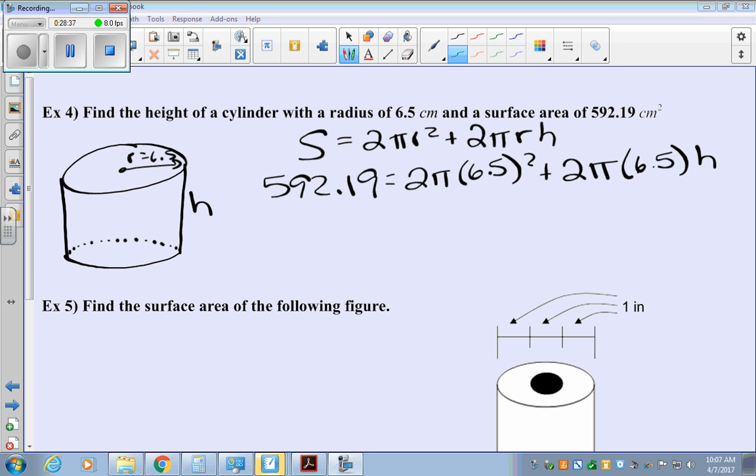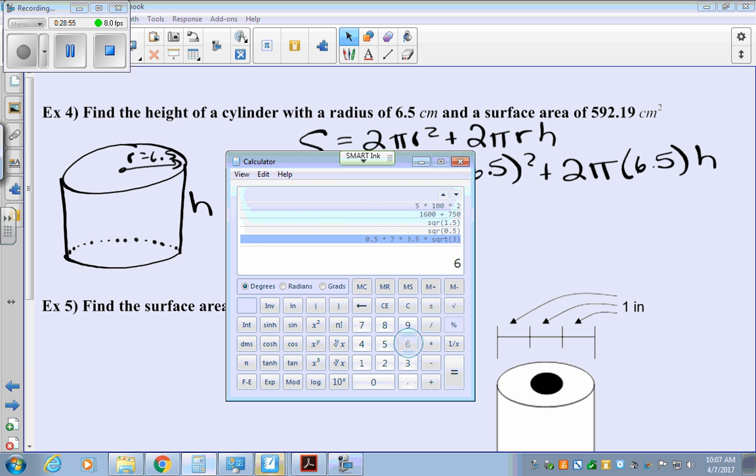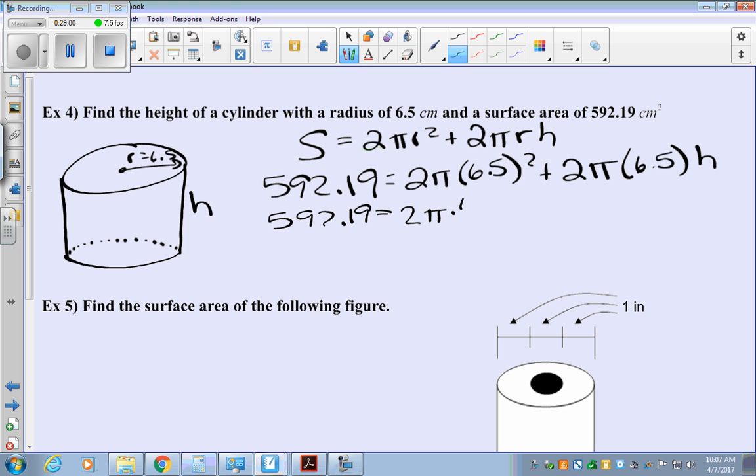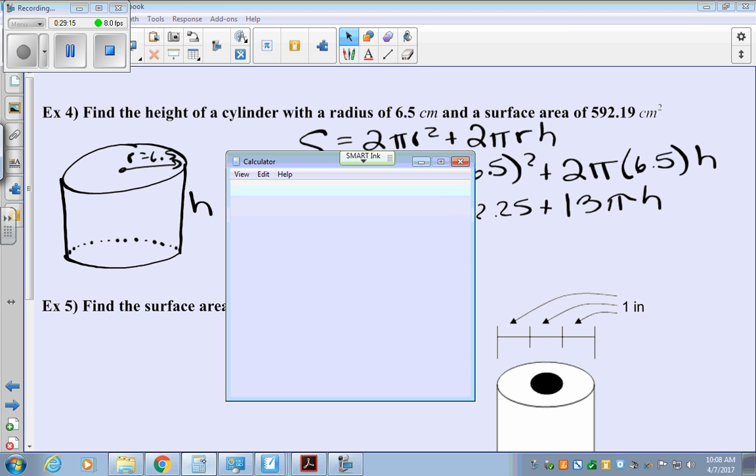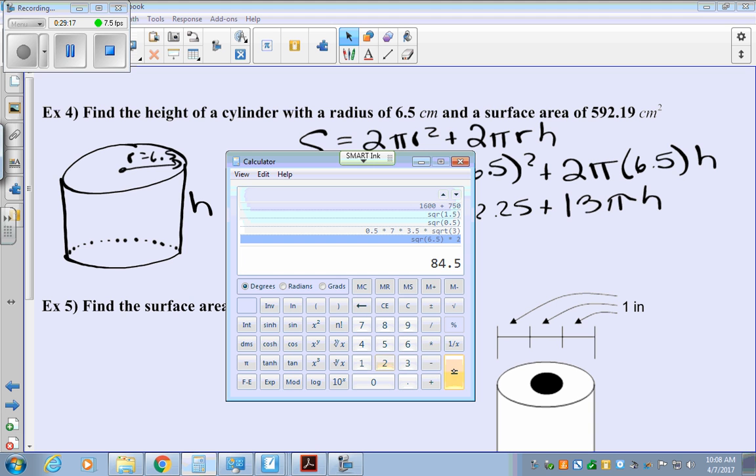I'm going to shove pi into my answer, but not until this next step. So 592.19, 6.5 squared is 42.25. 2 times 6.5 is 13. 2 times 42.25 is 84.5.